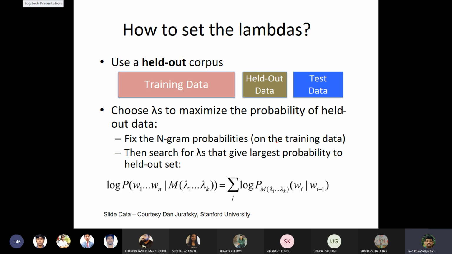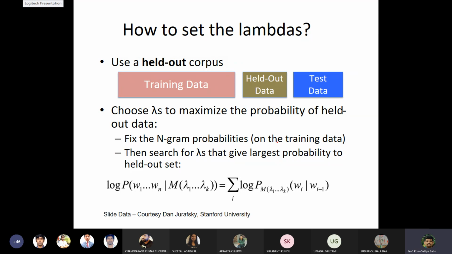You need to do many experiments, maybe cross-validation, threefold, fourfold, fivefold validation, to find the best value of lambda that gives the largest probability to the held-out data set.